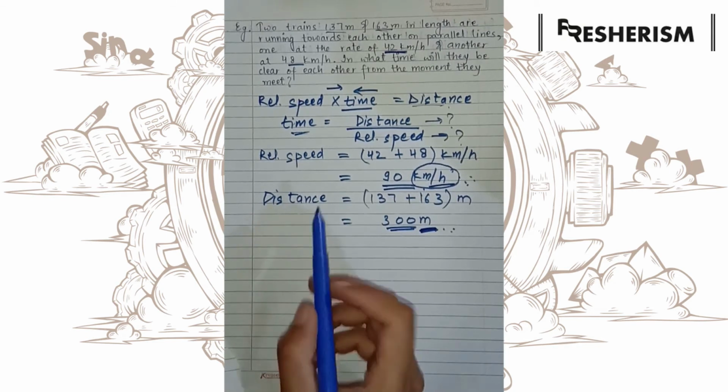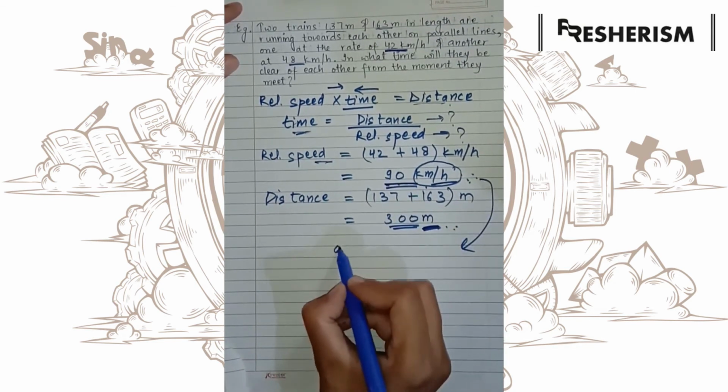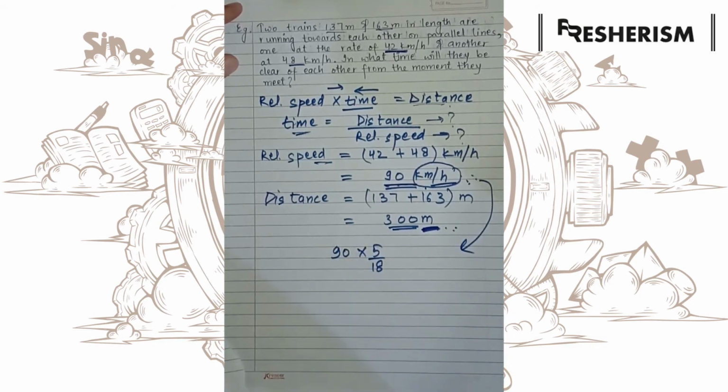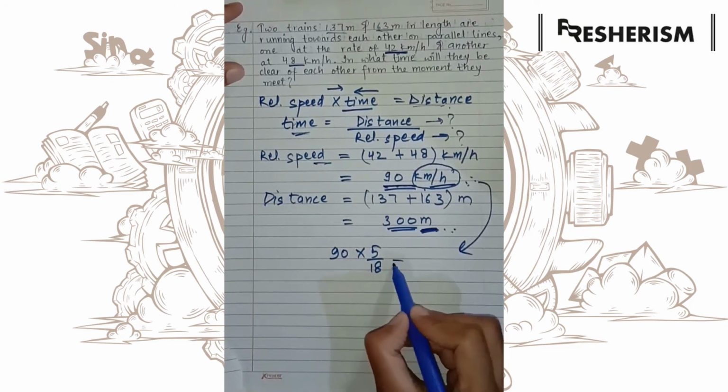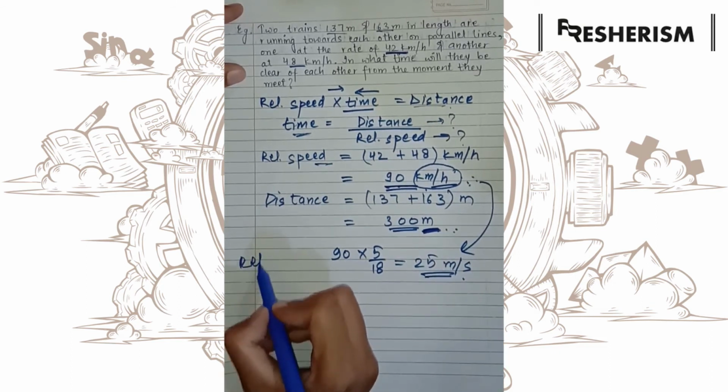So let us convert the relative speed into meter per second. This will be 90 multiplied by 5 by 18, which is equal to 25 meter per second. So this is the relative speed in meter per second.